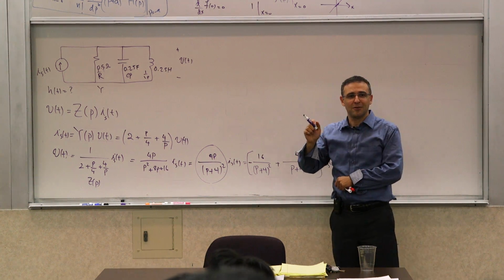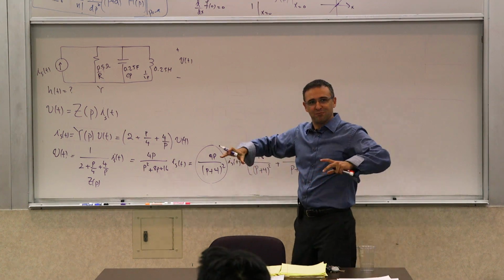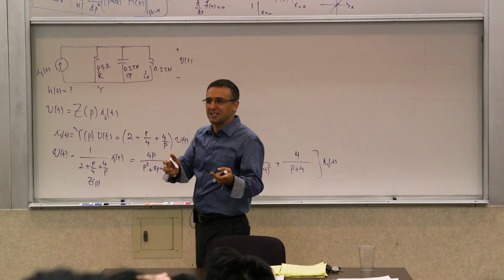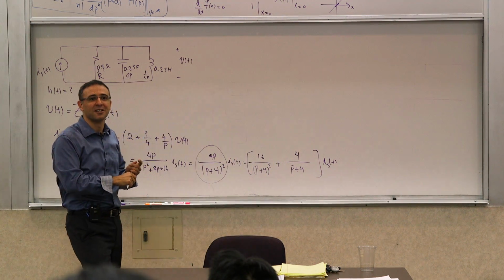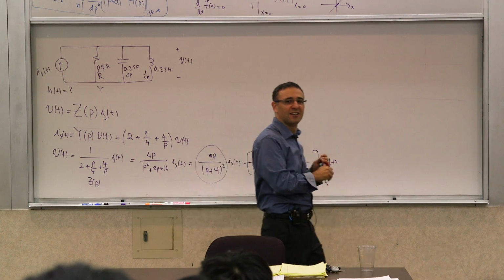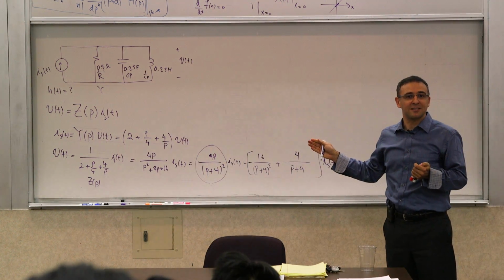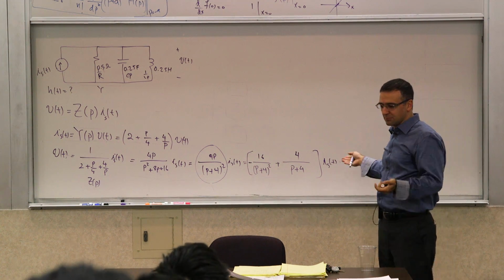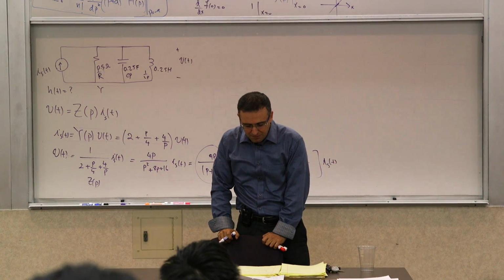You have to build up the understanding, but once you do it, it makes it easy. If you know how to apply it, it's actually very simple. So that's the partial fraction expansion of this thing.